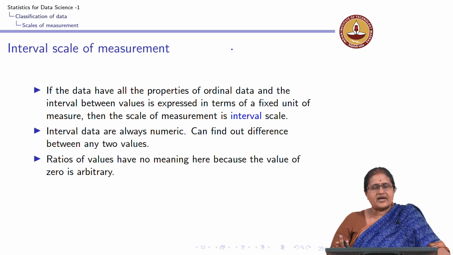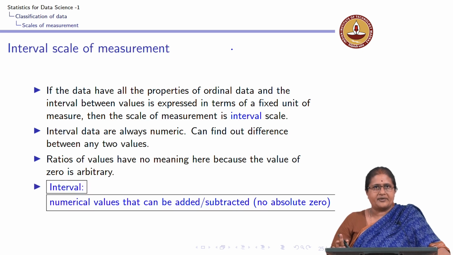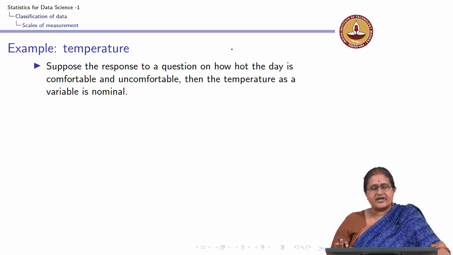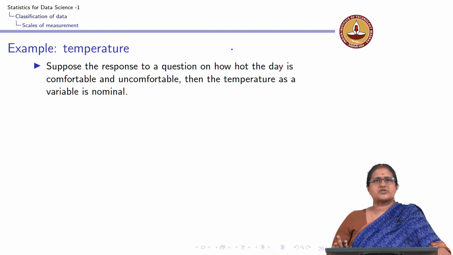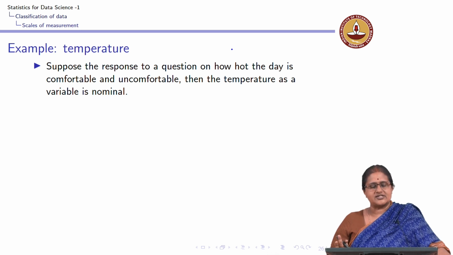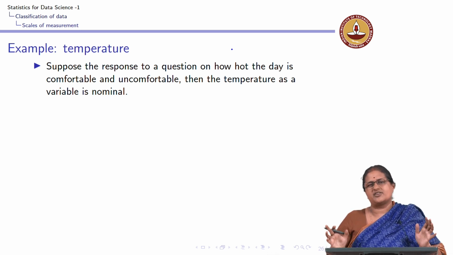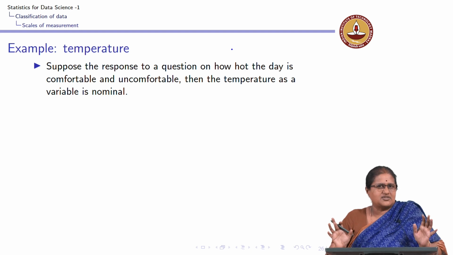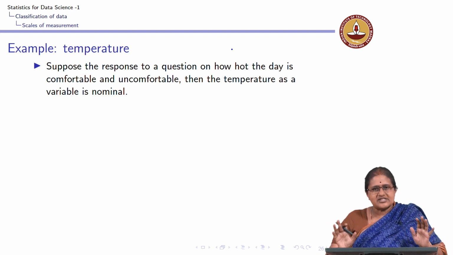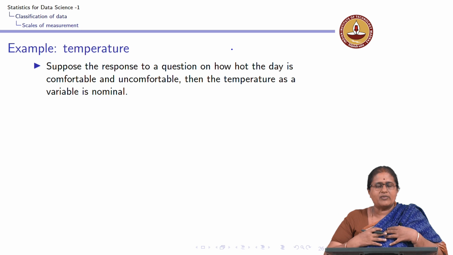Let us explain this through an example. Interval data are numerical values that can be added or subtracted; it has no absolute 0. Let us look at temperature as an example. Suppose the question is how hot the day is, and you respond just comfortable, uncomfortable, or just good, bad. I am just giving a label to my feeling.